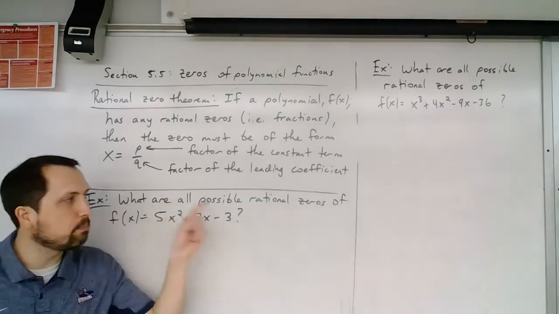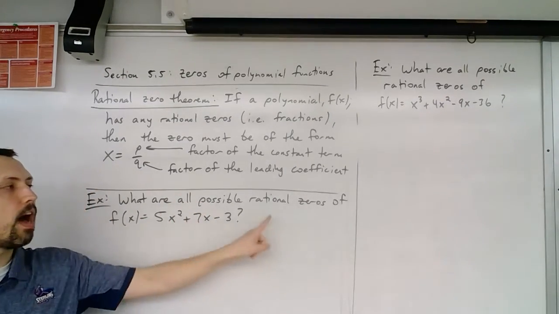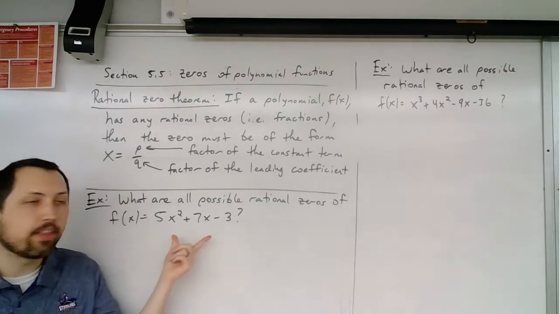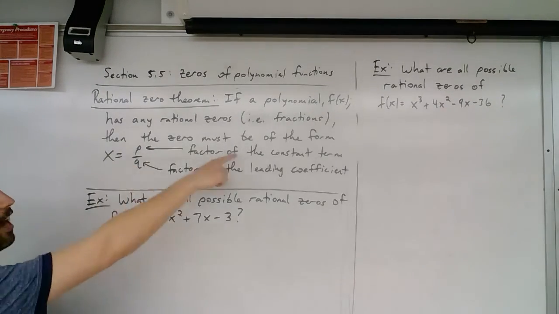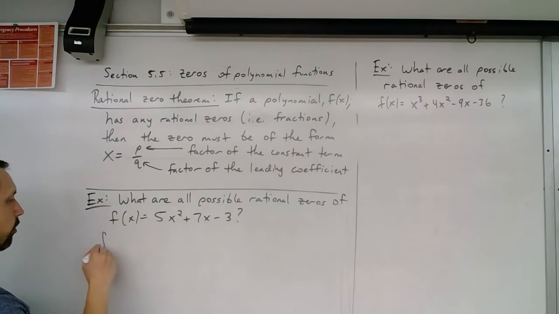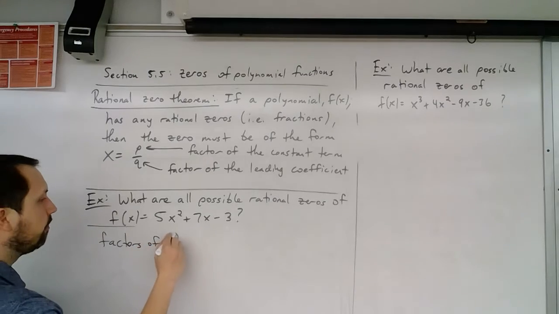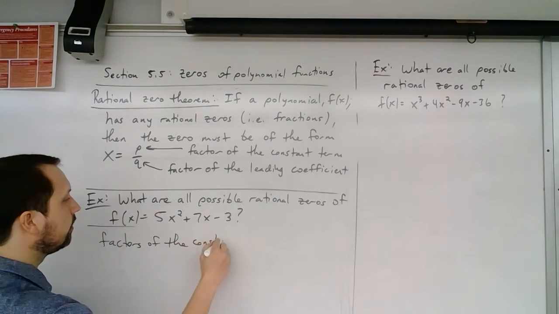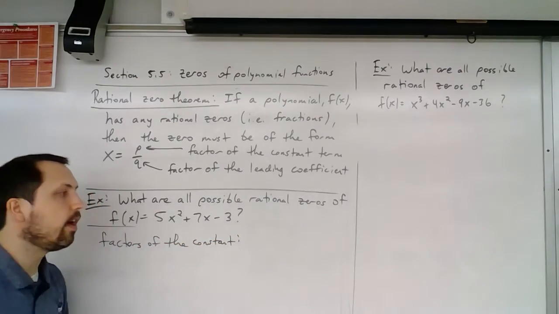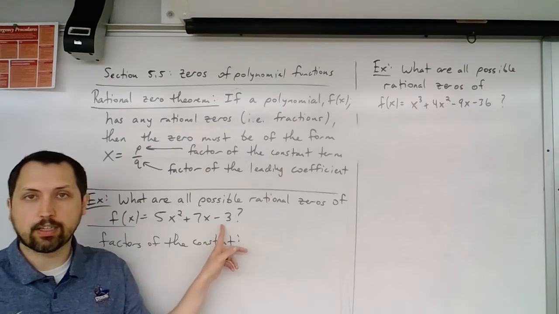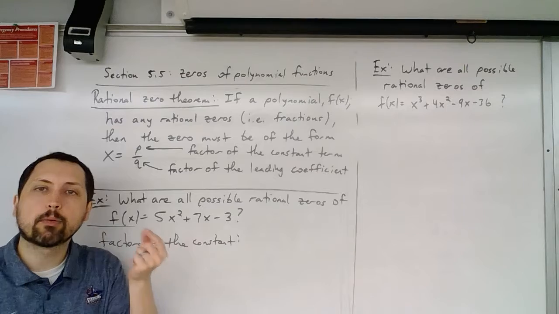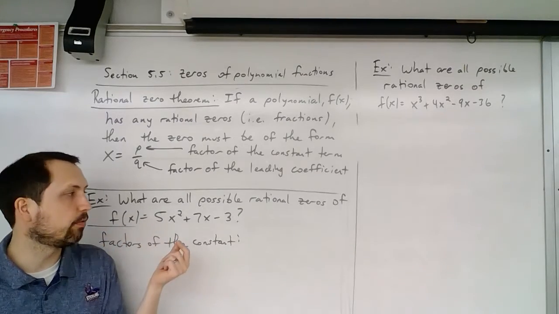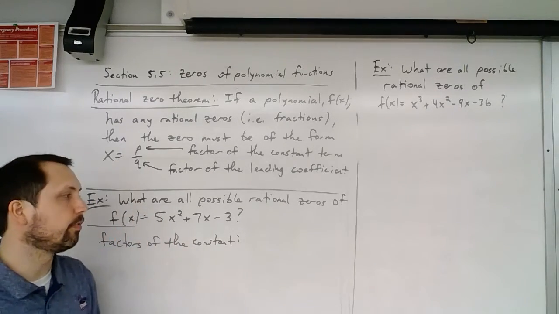So here, we'd like to make a list of all possible rational zeros of this function. To do this, we need to figure out the factors of our constant term. So we're going to look at the factors of the constant. Our constant is -3. We're going to list all of the factors of -3. These are going to be integers that divide -3.